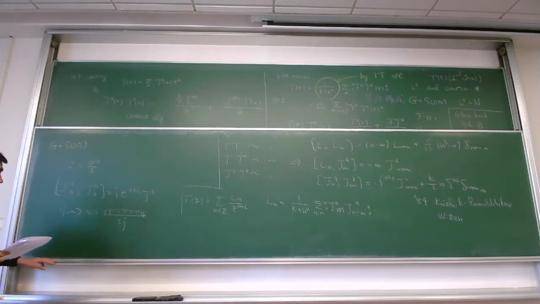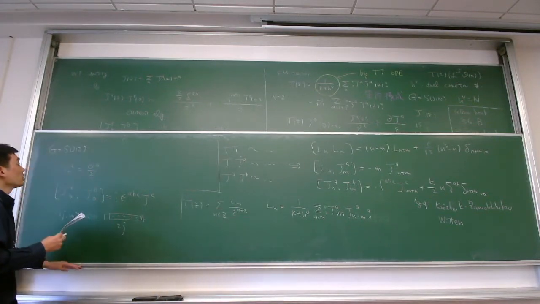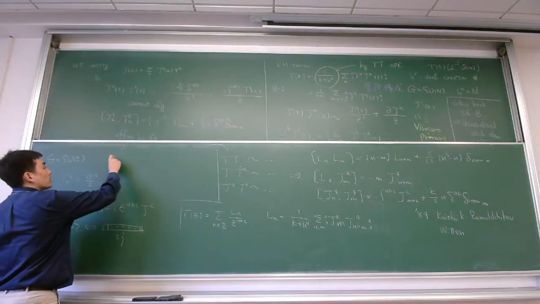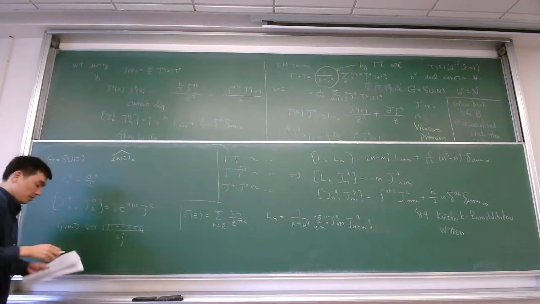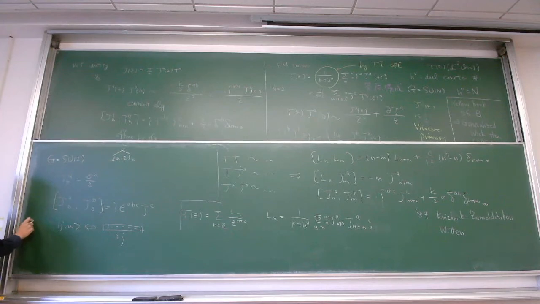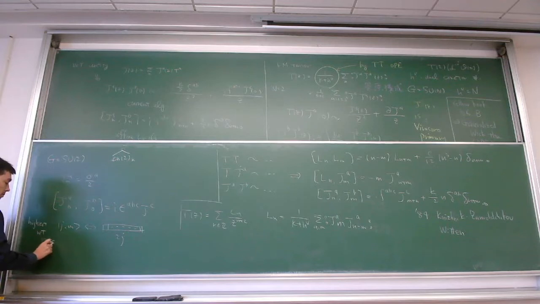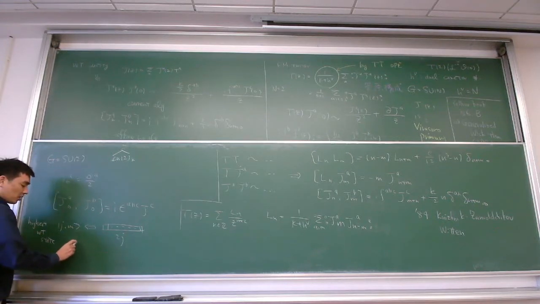And then, of course, since the affine algebra is an extension, we often write SU2 hat at level k. So this is the highest weight state. For the usual algebra, we know how the finite dimensional representation works, right? J plus, I already explained many times.